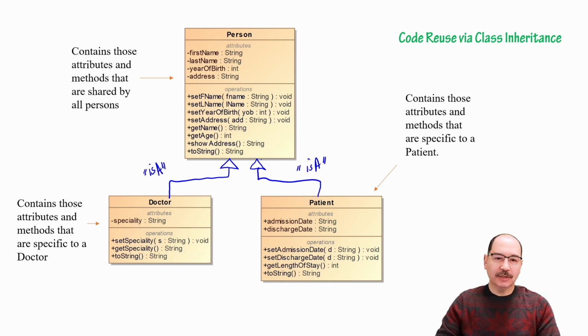This line tells us that the class patient is going to inherit from the class person. By having this inheritance, the doctor class contains those attributes and methods that are shared by person, in addition to those that are specific to doctor. And inside the patient class, we have those attributes and methods that are shared by the person class, in addition to those that are specific to the patient class.